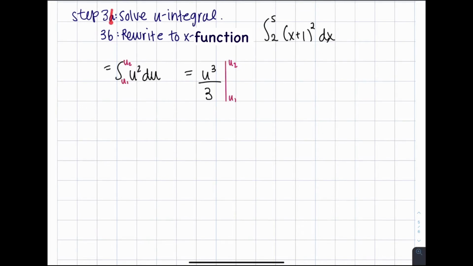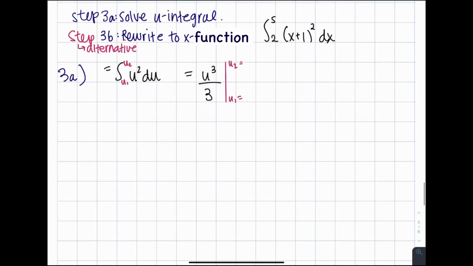So in that case, we have two routes we can take. The first, which I'll call step 3a, solving the u-integral directly, will actually use u boundaries. The alternative route, which I'll call step 3b, will involve rewriting to an x function and then evaluating with x boundaries. So let's start off trying 3a.